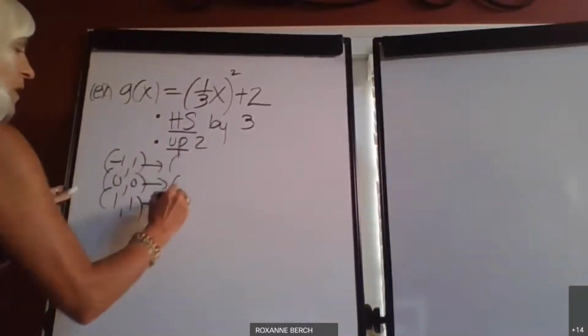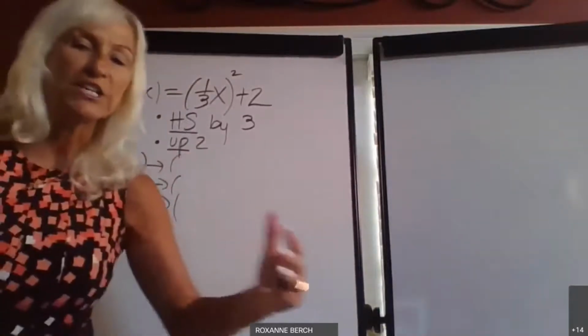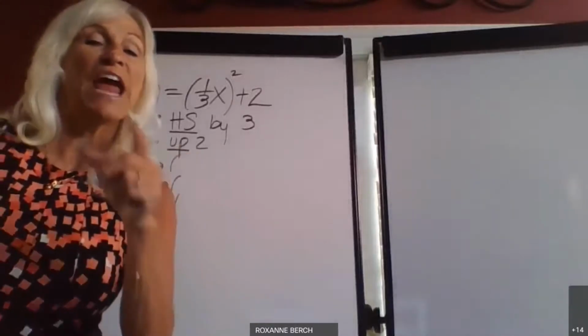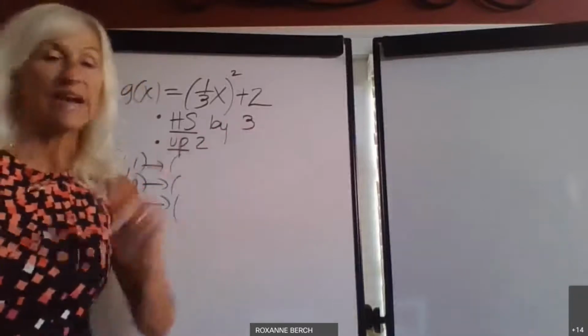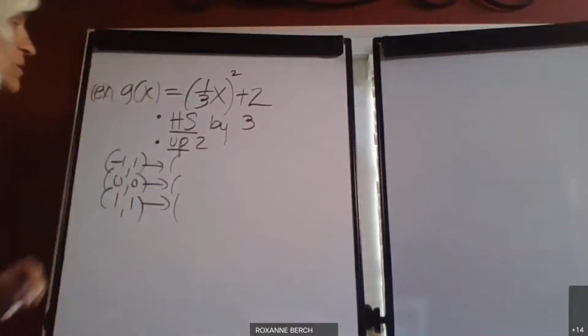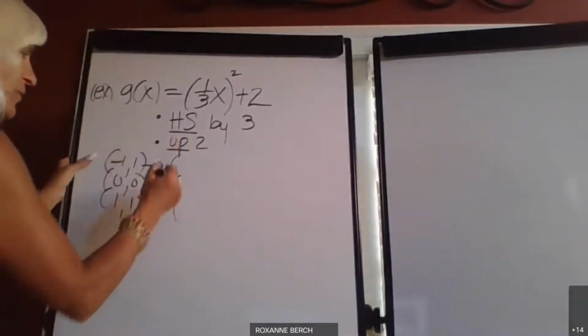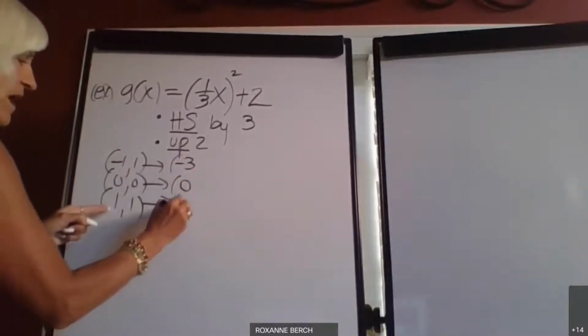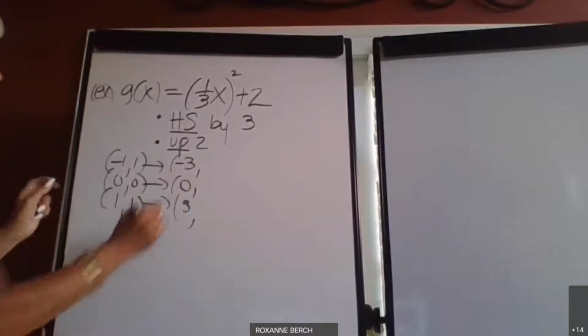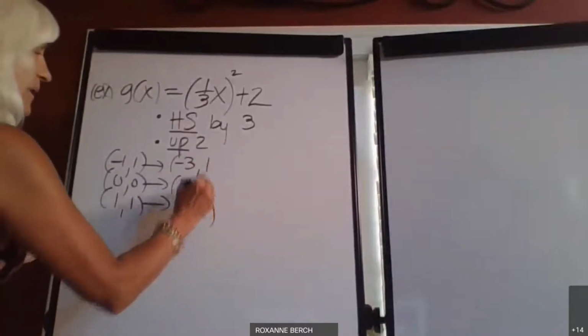So here we go. A horizontal stretch means change the graph. You're going to multiply the X by 3. The Y's stay the same.